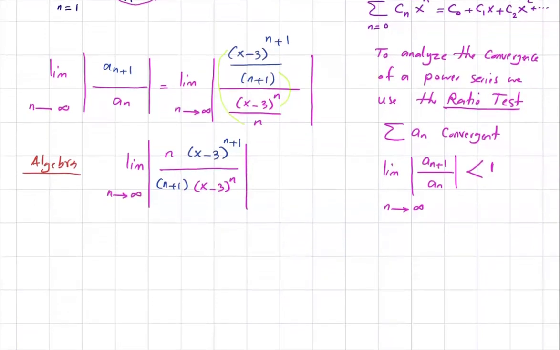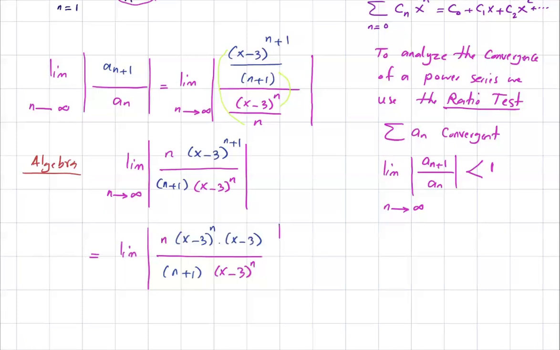We can simplify this further, because (x minus 3) to the power n plus 1 can be rewritten. So you end up with the limit of the absolute value of n times (x minus 3) to the power n times (x minus 3), divided by n plus 1 times (x minus 3) to the power n.